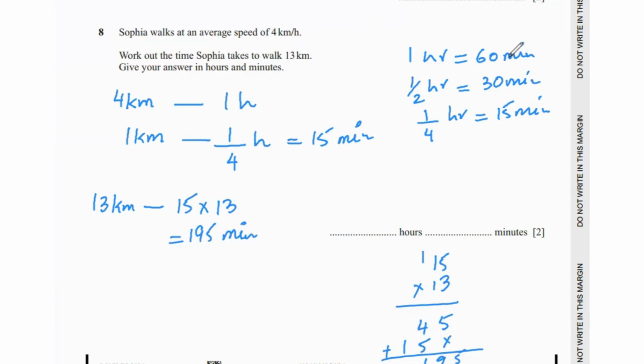So we know that 1 hour is 60 minutes. 2 hours would be 120 minutes. 3 hours would be 180 minutes. So if we take away 180 minutes from this, that's 3 hours. And 195 minus 180 gives us 15 minutes. So that's 3 hours and 15 minutes. That's your answer.